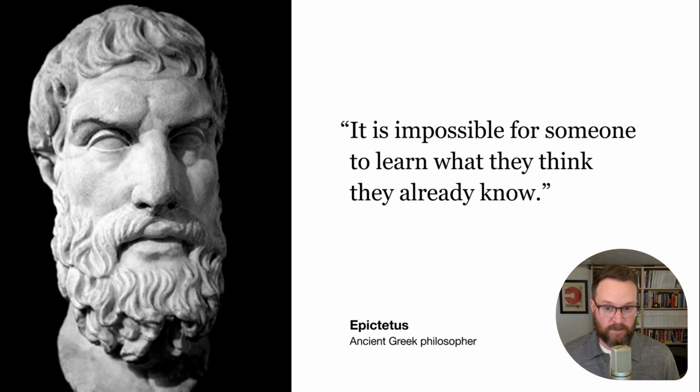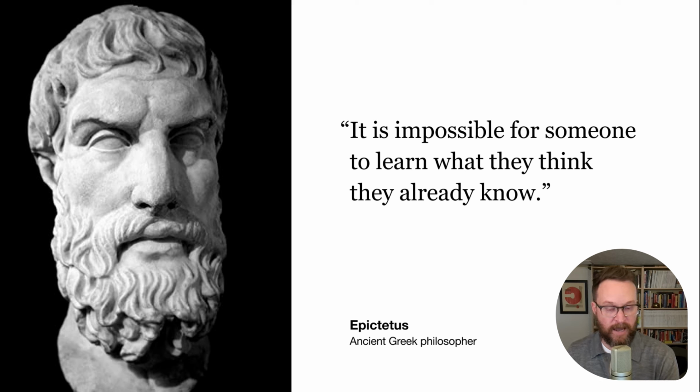This may be the biggest reason. It is impossible for someone to learn what they think they already know. There's a small group of leaders or influential people in an organization that have a strong enough opinion on what needs to be built, and they don't validate that. Why would you validate something you know you're right about, right?